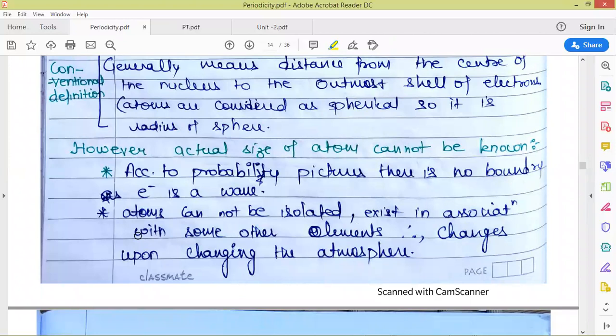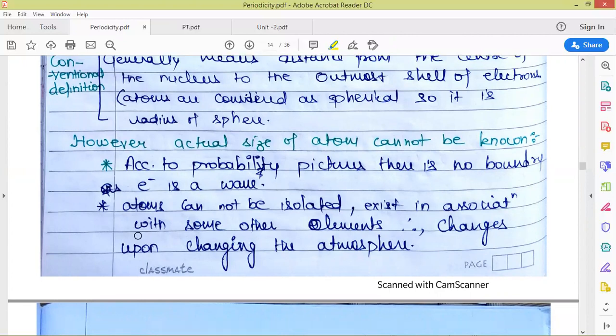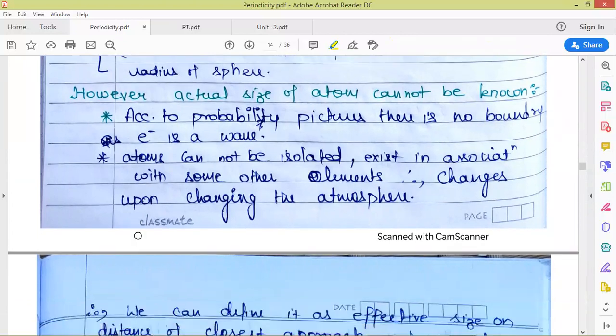Also the properties of the atom change based upon their atmosphere. That means if one atom is bonded to one element and if it is bonded to another element, in both cases the atmosphere is different. So in both places the atomic radii is going to be different. So these are the drawbacks of these definitions.